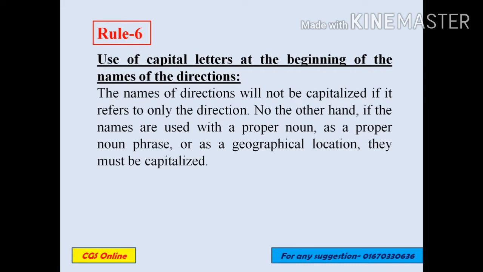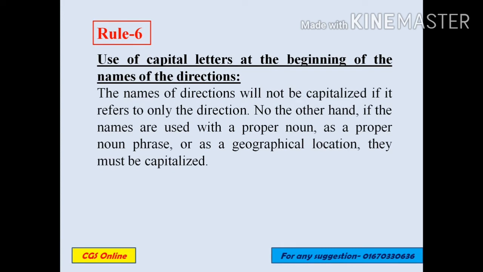On the other hand, if the names are used as a proper noun, as part of a proper noun phrase, or as a geographical location, they must be capitalized. The names of directions are not only used for referring to direction.